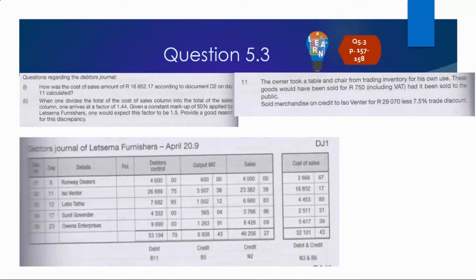Okay, thank you, Tamiro. So the 29,070 Rand is our sales amount before trade discount has been taken into account.